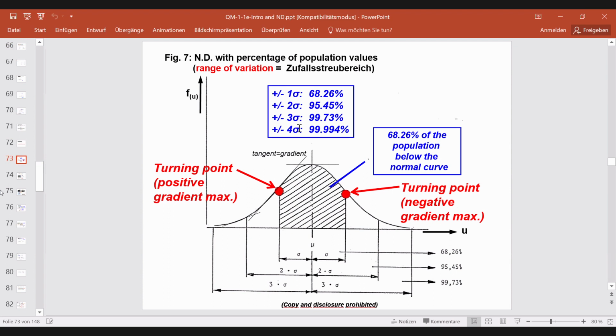If plus minus 4 sigma is between the tolerance, then you have a CP and a CPK of 1.33, which is the same as 99.994% of all the parts being between these limits of plus minus 4 sigma.